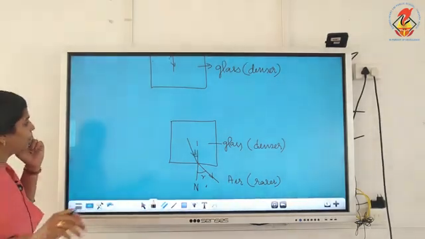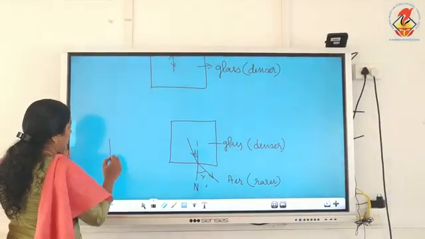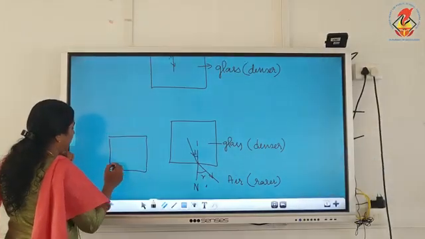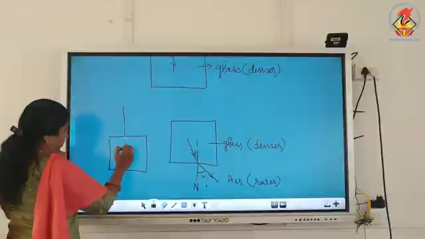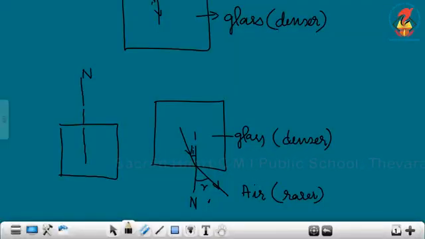Now, what will happen when a ray of light is incident in this way? This one is a normal line, perpendicular. If you draw a perpendicular line like this, it's a 90-degree line to the surface. What will happen when a ray of light is incident in the same direction?